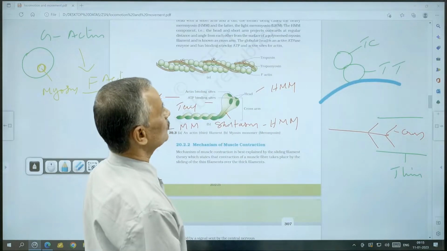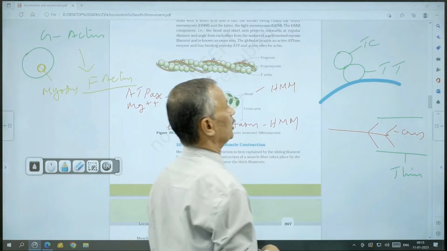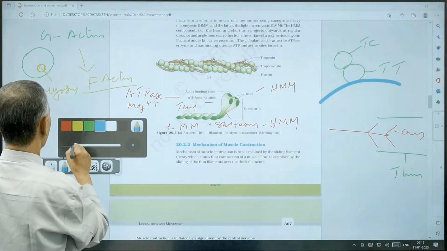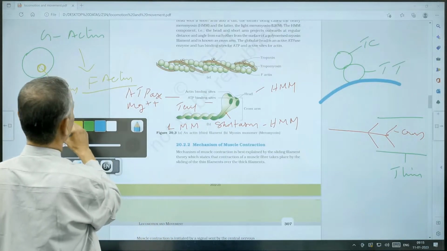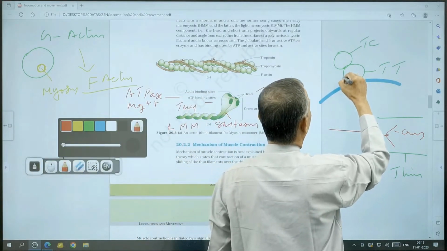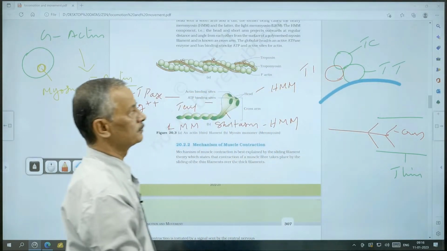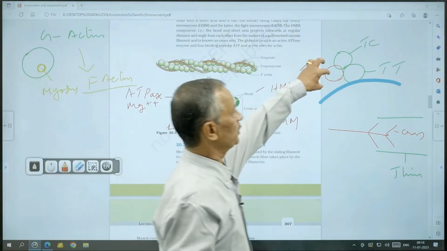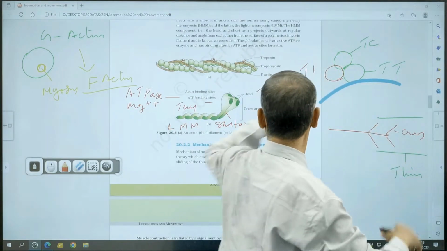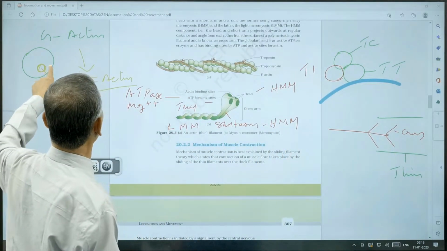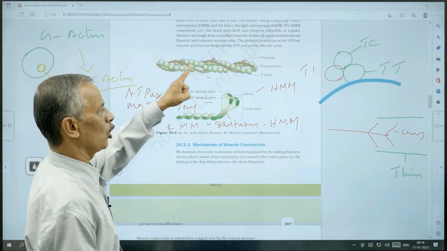So tropomyosin is connected to the TT subunit. The third subunit is the TI subunit, the inhibitor unit. This inhibitor unit regulates the opening and closing of the myosin attachment site present in each G-actin molecule.